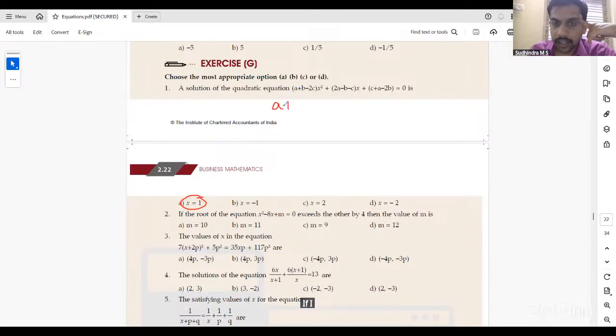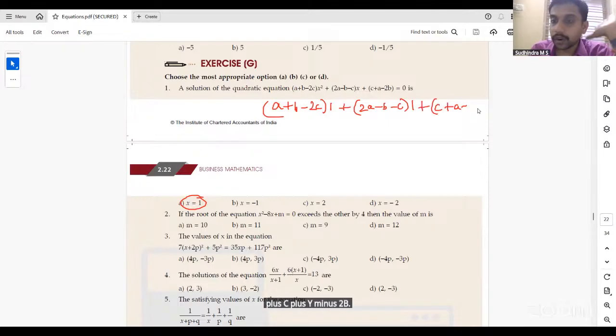If I test it, a plus b minus 2c into 1 square is 1, plus 2a minus b minus c into 1, plus c plus a minus 2b. This should be equal to 0. If that is equal to 0, then the x value satisfies, correct?